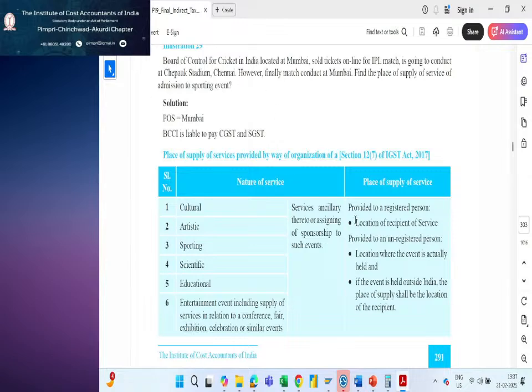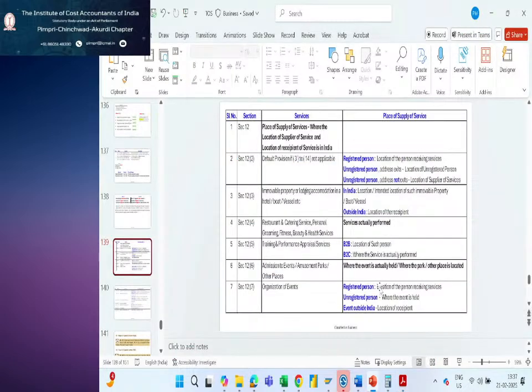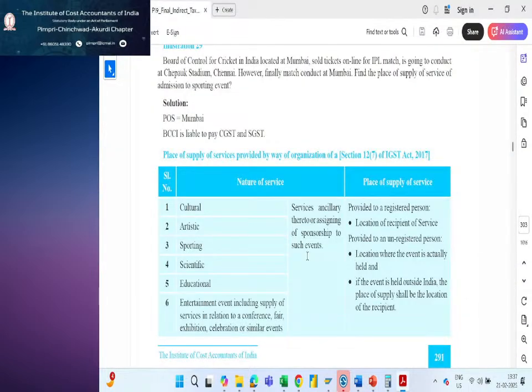In that case, what is our place of supply? If he is a registered person, it is the location of the person receiving services. If he is an unregistered person, it is where the event is held. And if the event is held outside India, then it is the location of the recipient.